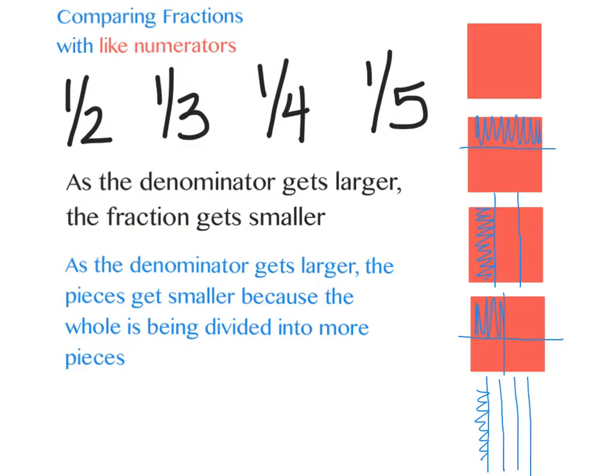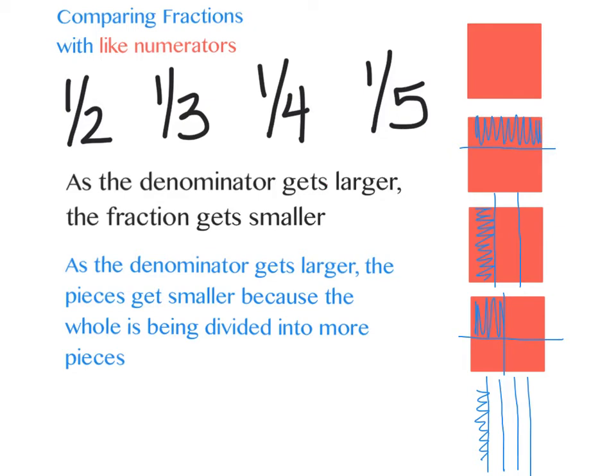Okay, so sometimes when we compare fractions, they have like numerators, meaning that all of the numerators are the same, like the 1s that I have written here: 1/2, 1/3, 1/4, 1/5. You can see that all of the numerators are the same, but my denominators are different.